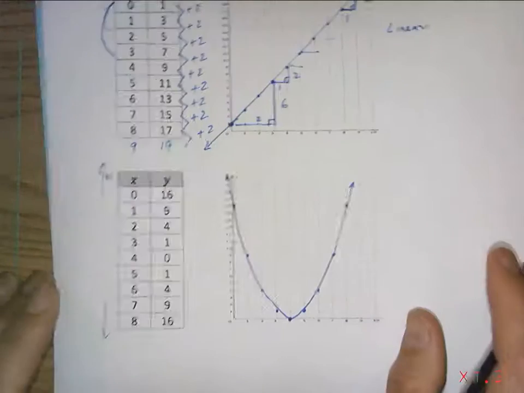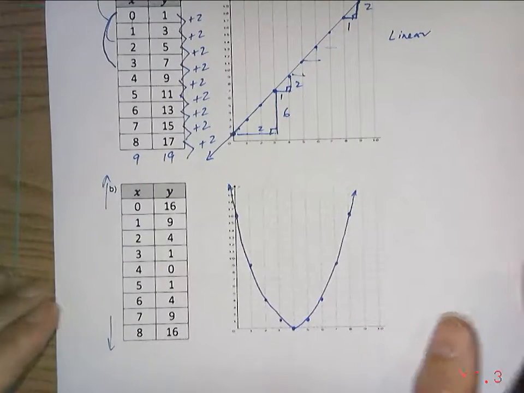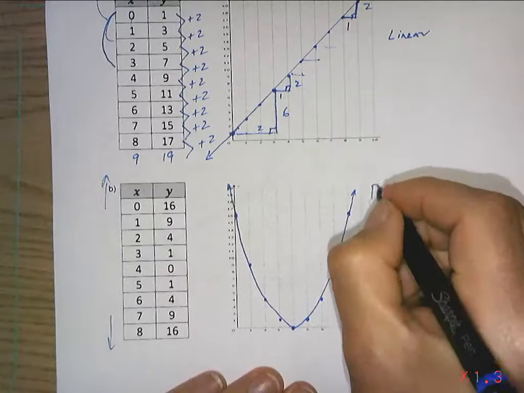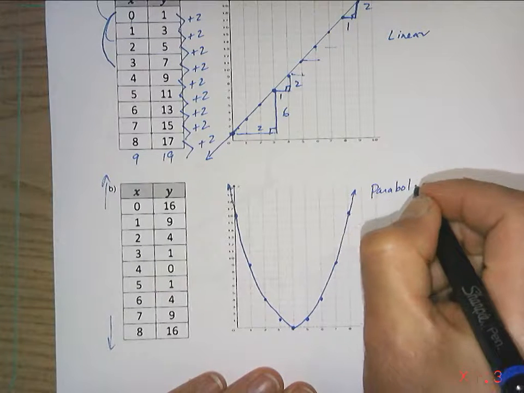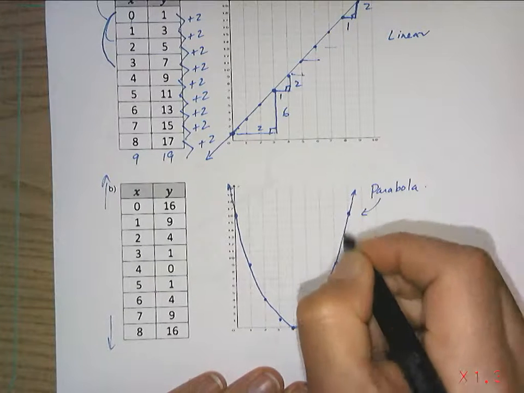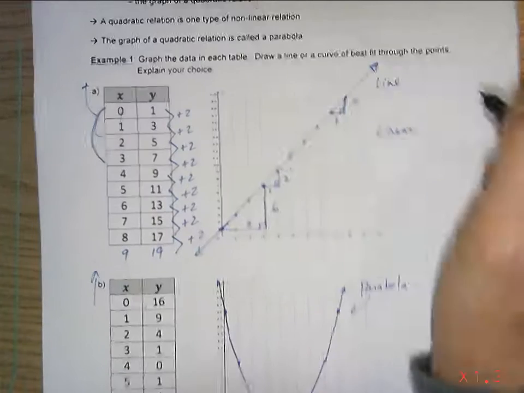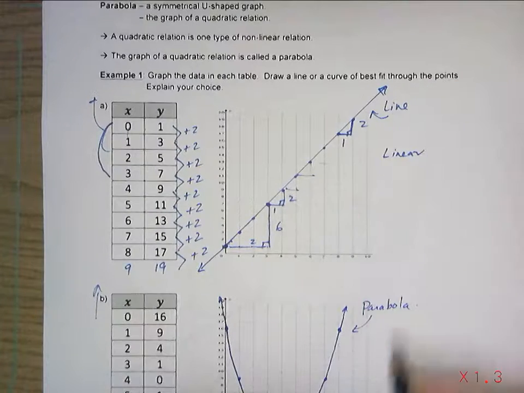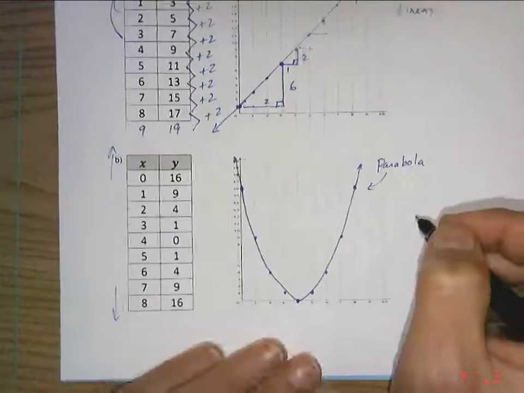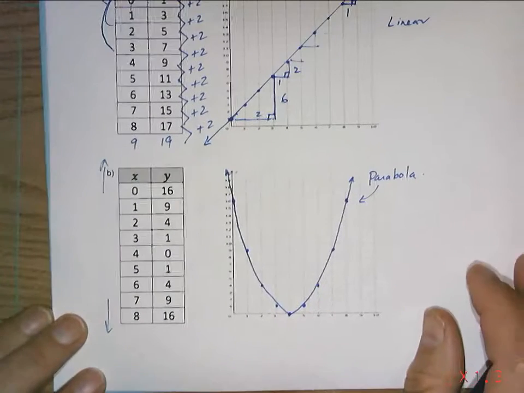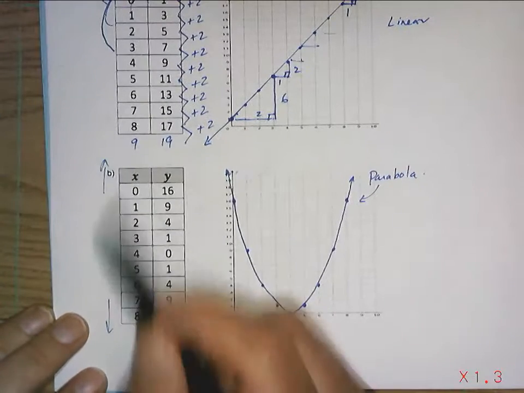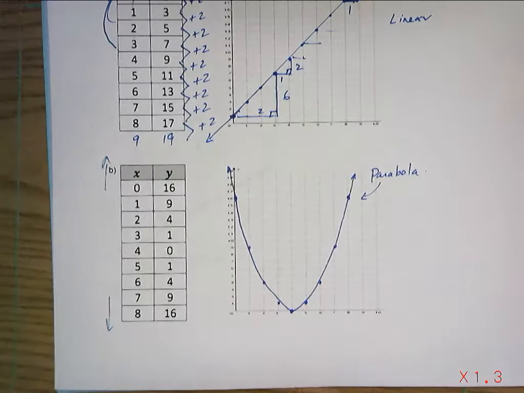This is that U-shaped curve we've been talking about, so this is going to be a parabola. So the actual picture is a parabola. This actual picture is a line, which means what? Well, it means that whatever this data came from was quadratic.